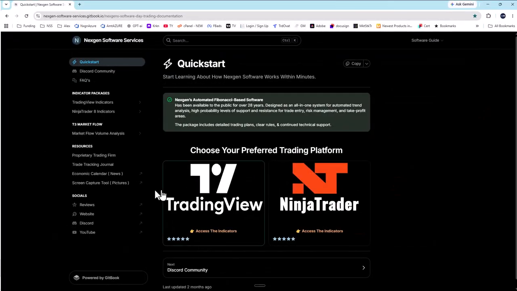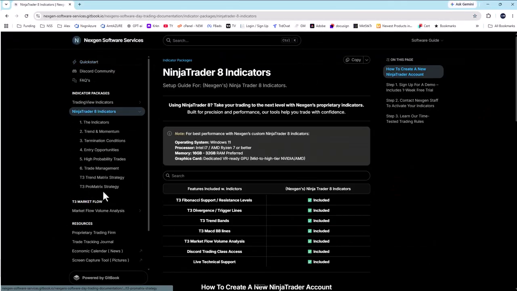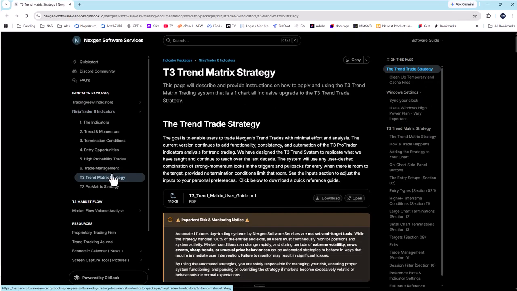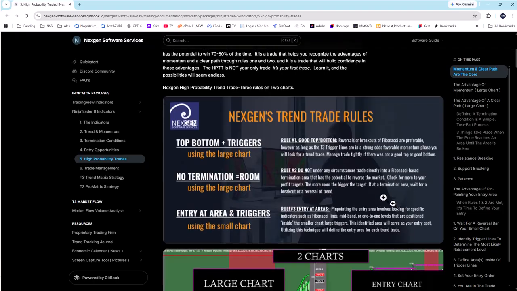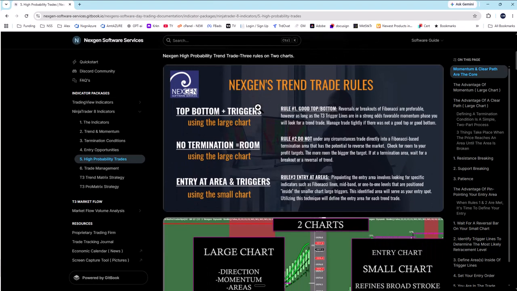So here's our info. So again, when we're talking about our two trading strategies, there's two basic things that we've taught forever. High probability trades where you have trend trade rules.